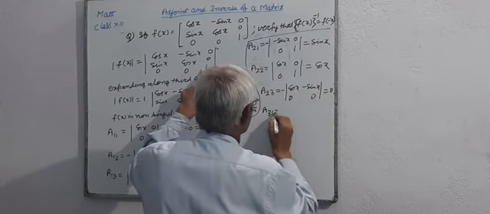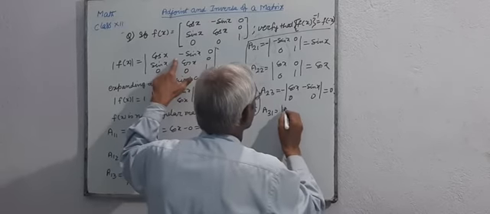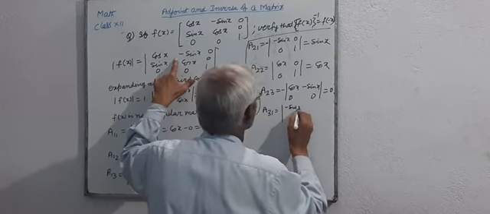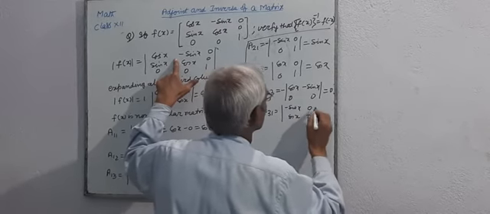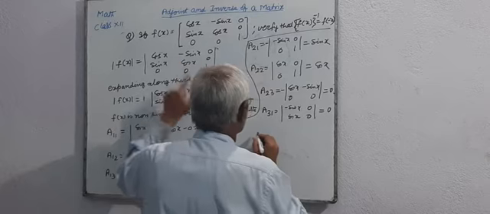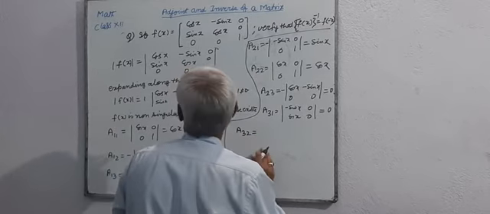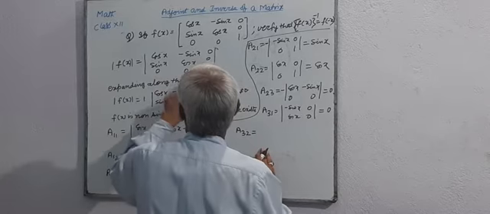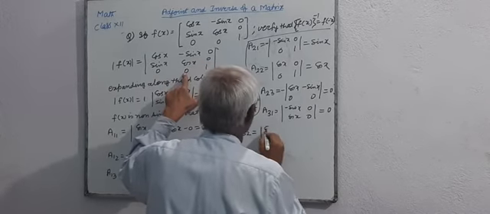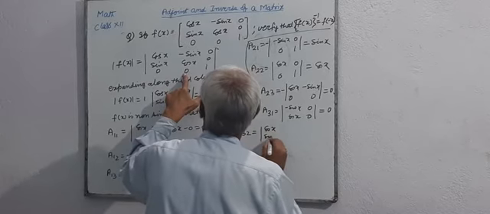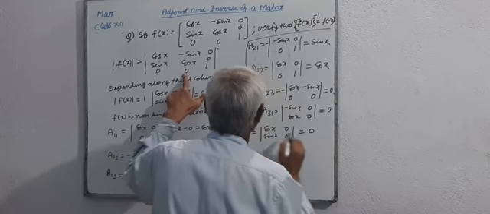A31 equal to minus sin x, 0; cos x, 0, equal to 0. A32 equal to cos x, sin x; 0, 0, equal to 0.